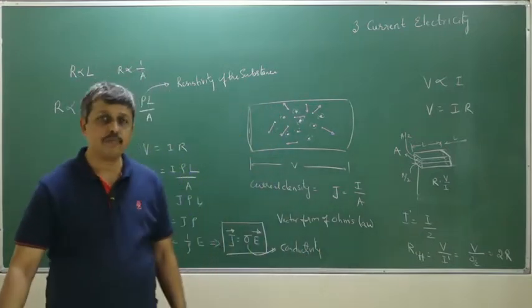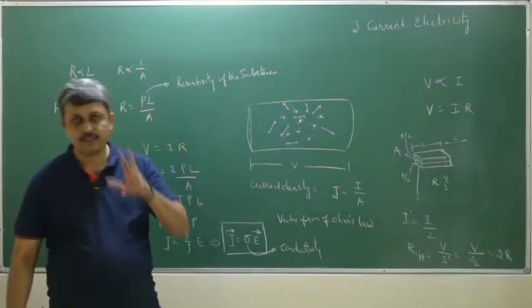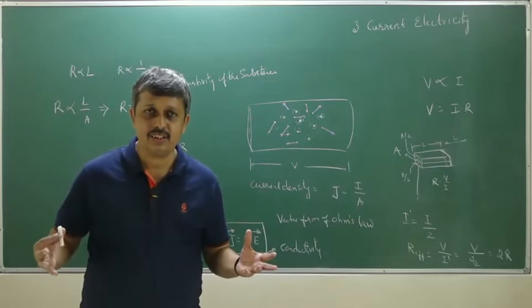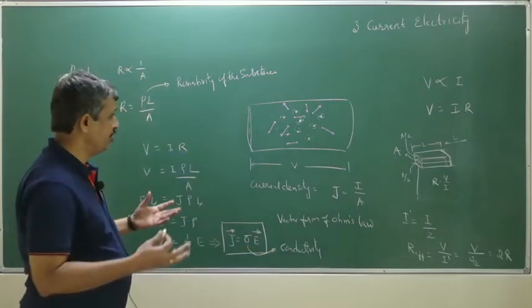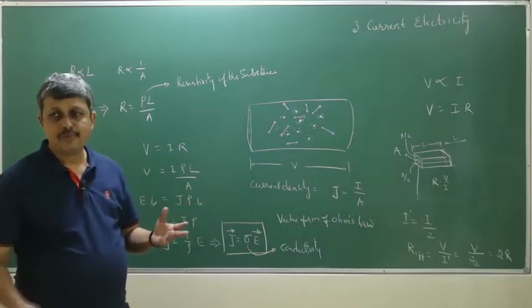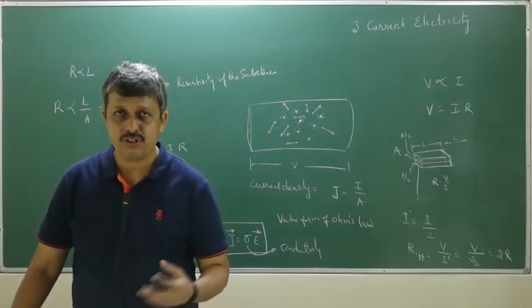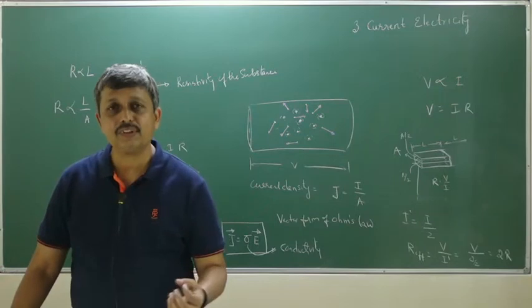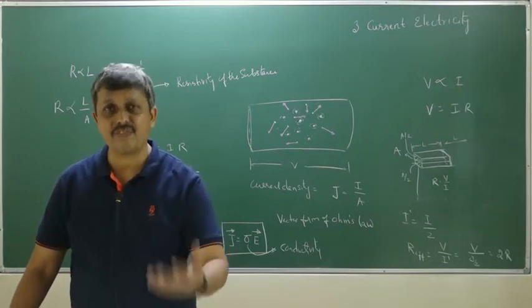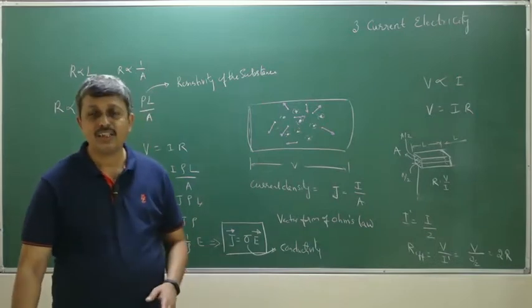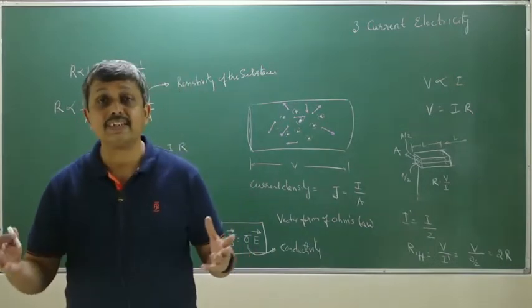J is equal to sigma E is our physics Ohm's law. In electricity, for Ohm's law, we start with parameters like V is equal to IR. Now when you come here in the 12th standard, you are getting into the physics notion of Ohm's law, which we talk about in terms of current density, electric field and conductivity. So J is equal to sigma E will now onwards be your physics Ohm's law.